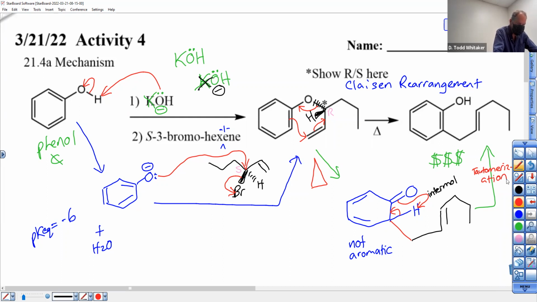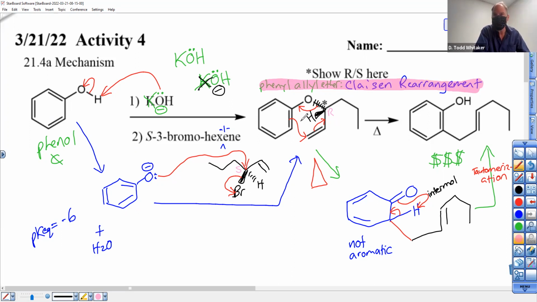So when do you get a Claisen rearrangement? It's when you have a phenyl allyl ether. That deserves a highlighter. Those circumstances provide an arrangement where the electrons can go around in a circle like this.